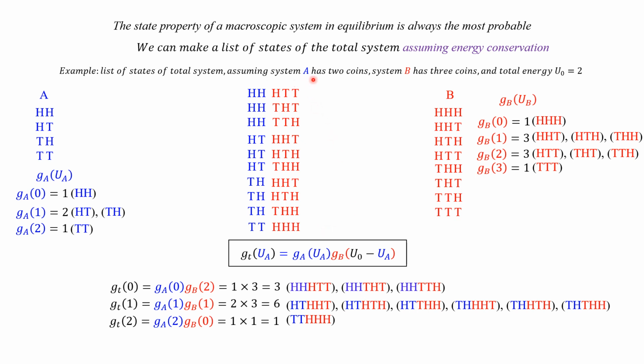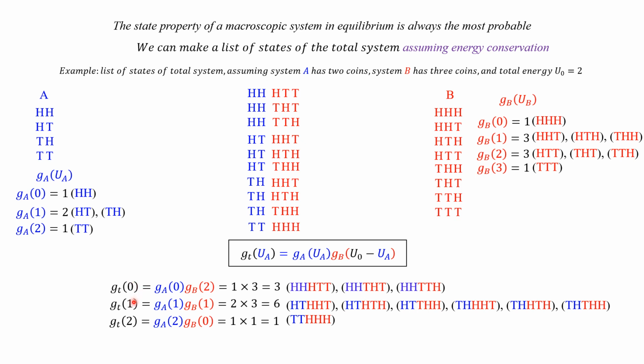Now the property we are interested in is the energy of system A, and these energies are not equally probable. So the probability of system A to have 0 units of energy is 3 out of 10, because in 3 states of the total system, system A has 0 units of energy.